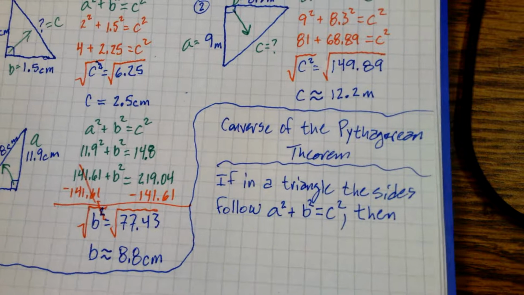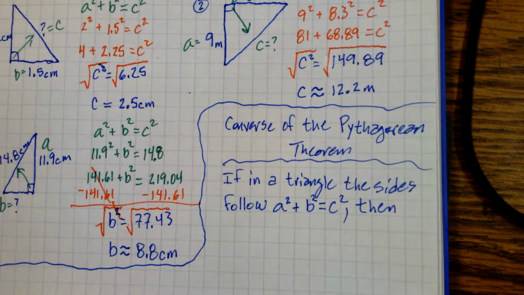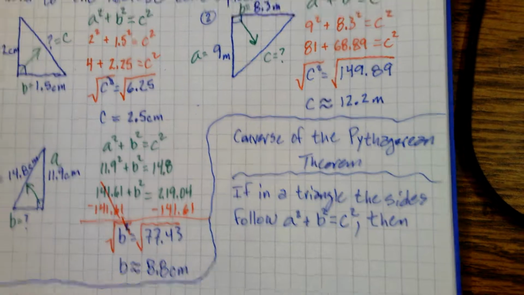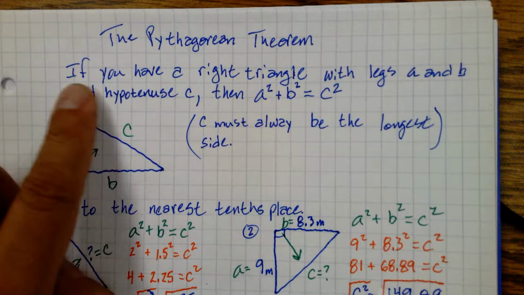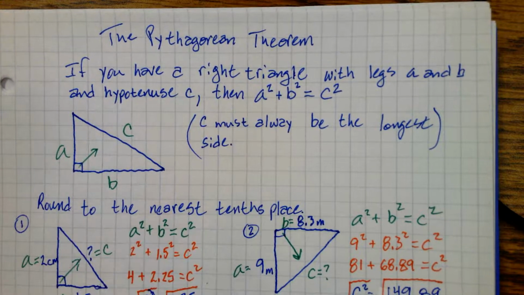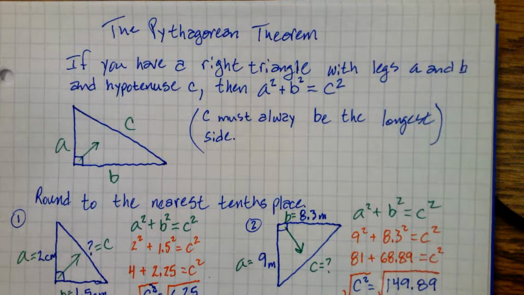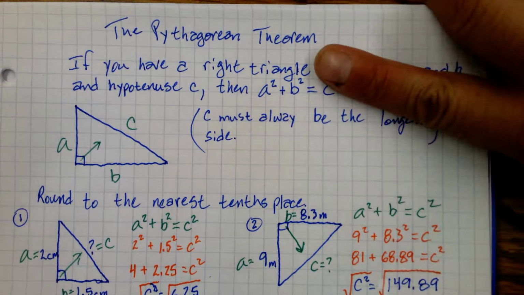Well, let's go back to our original theorem, because what used to be the hypothesis, what we started with, is going to be our conclusion. What do we have to have? Well, let's just end with this, because that's the main thing.